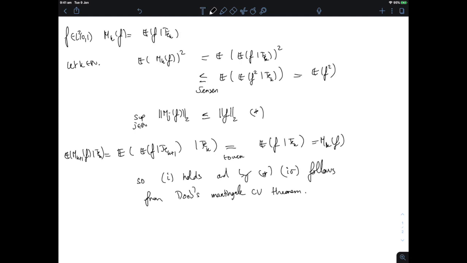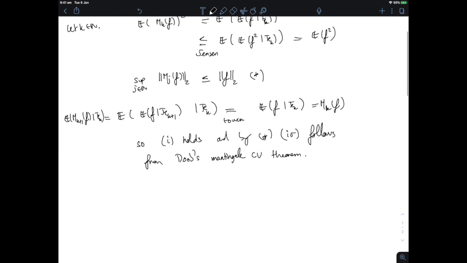Do we have 2 and 3? So this description of mkf as being a finite linear combination of the indicator functions of the elements of Dk, that's also reasonably easy to see. Let's do it. Let's fix a j between 0 and 2 to the k minus 1. I fixed the k.